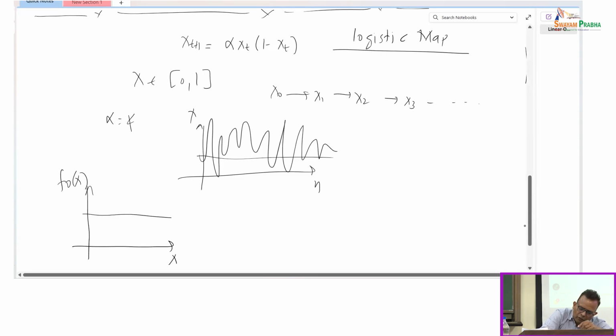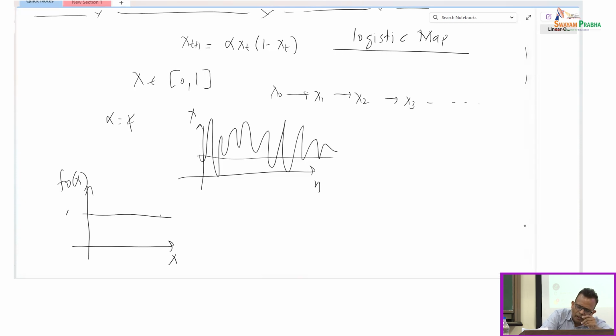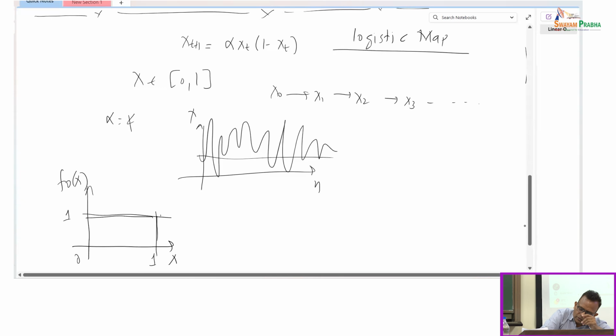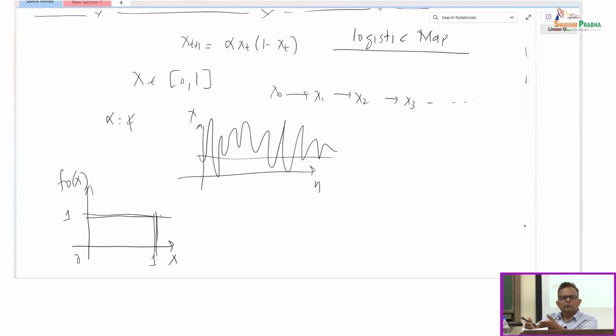This is my function f0 of x. This function is just 1 between 0 and 1. So this is my initial function, and I want to know how this function will evolve forward in time. I still haven't told you how these functions evolve.